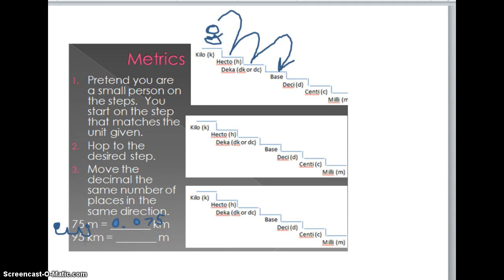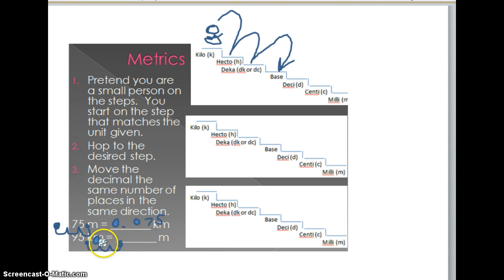So again, if they give you a decimal, you have to use the decimal. But if they don't give you a decimal, you start with your decimal at the end of the number, just like you would with money. $95 is 95.00. And we're going to hop 3 place values to the right. So 1, 2, 3. 3 hops. And I have these empty place values, and so I am going to fill them each with zeros.